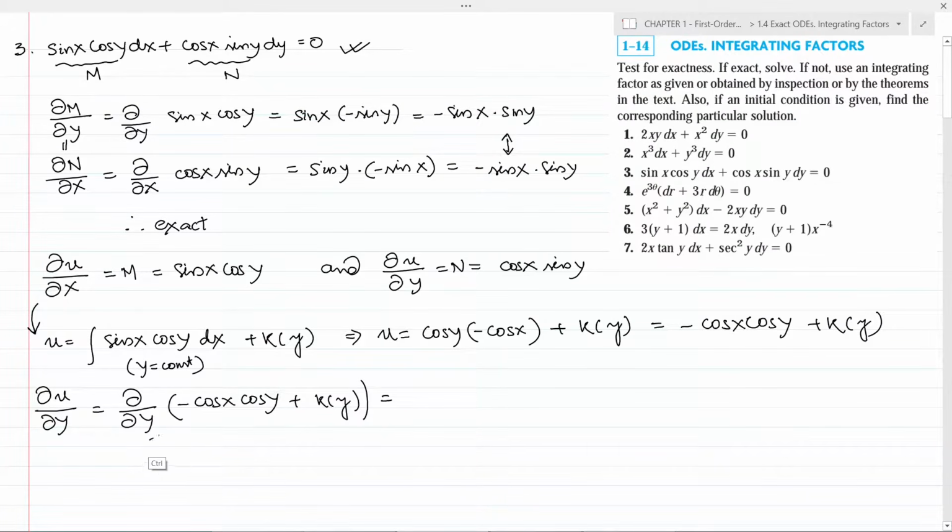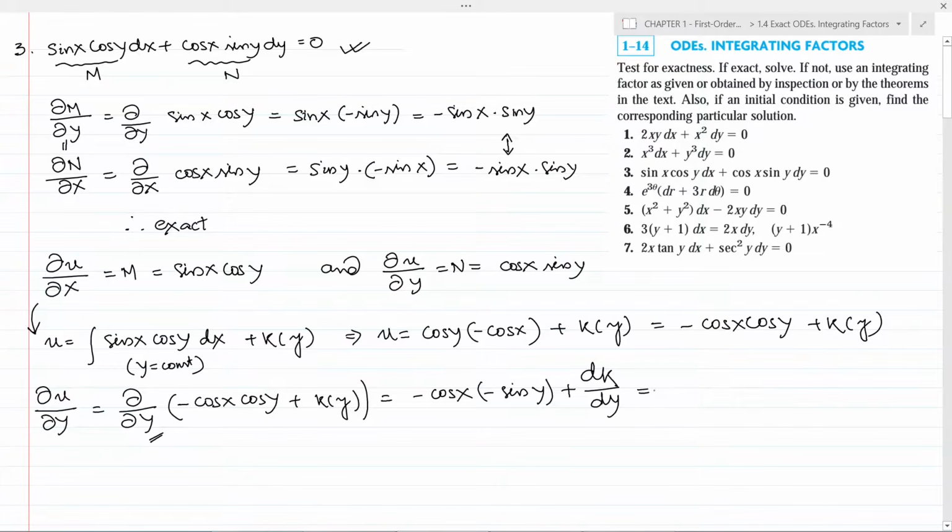For partial differentiation with respect to y, we assume x is constant, so this is equal to minus cos x multiplied by derivative of cos y, which is minus sin y, plus dk by dy.